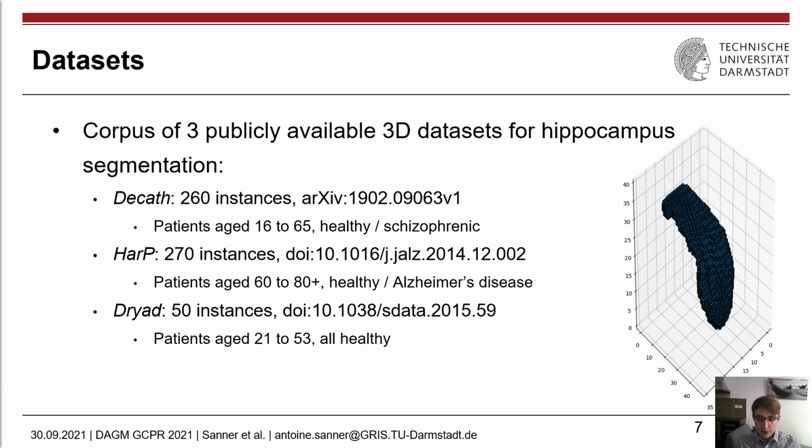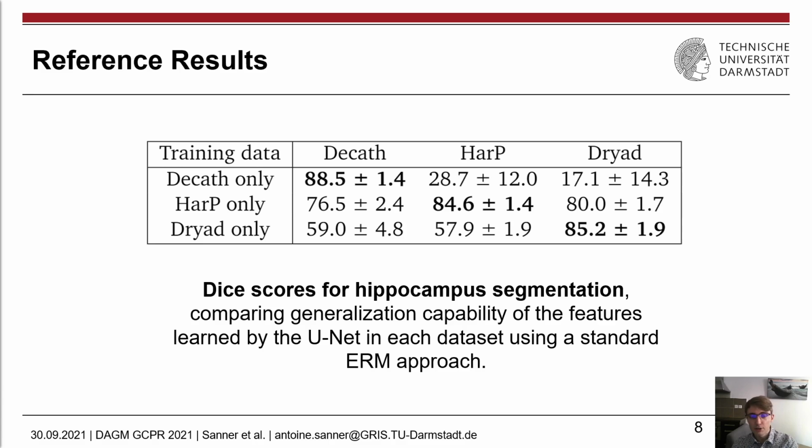This is exactly the first thing that we checked. Here we trained three models using the standard approach on their respective datasets. If we take a look at the diagonal, we can see the results for the models' respective training datasets. All these Dice scores are close to 85%, so that's almost state of the art.